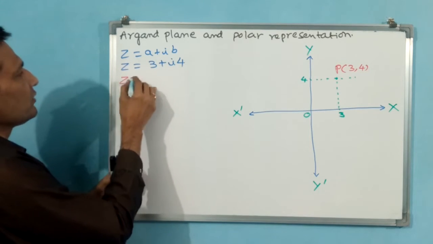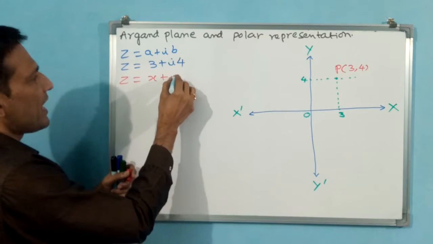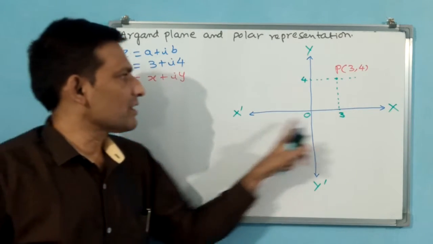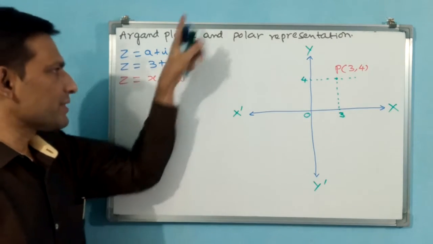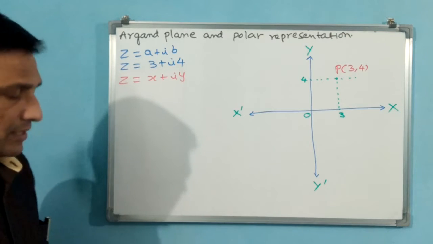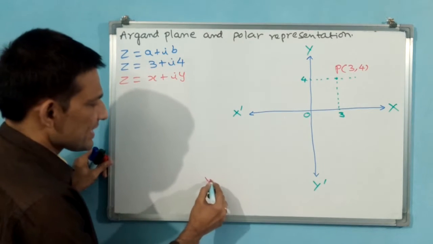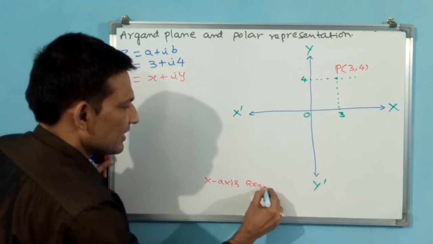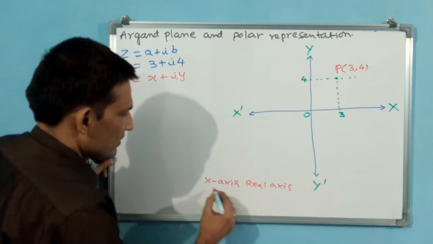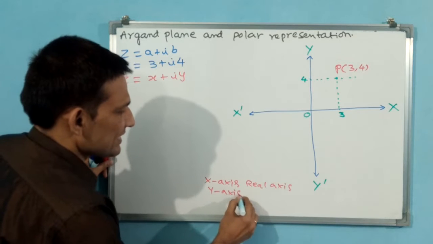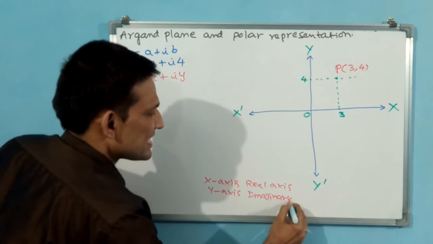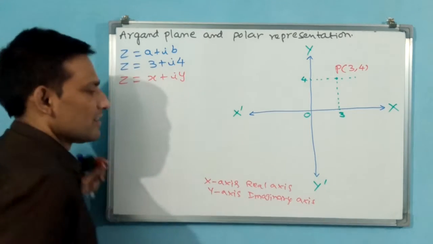Now this z I also can write as x plus iy. Why? Because the real part I am taking on the x-axis, the imaginary part I am taking on the y-axis. Now we also can write the x-axis as the real axis, the y-axis as the imaginary axis. Why?